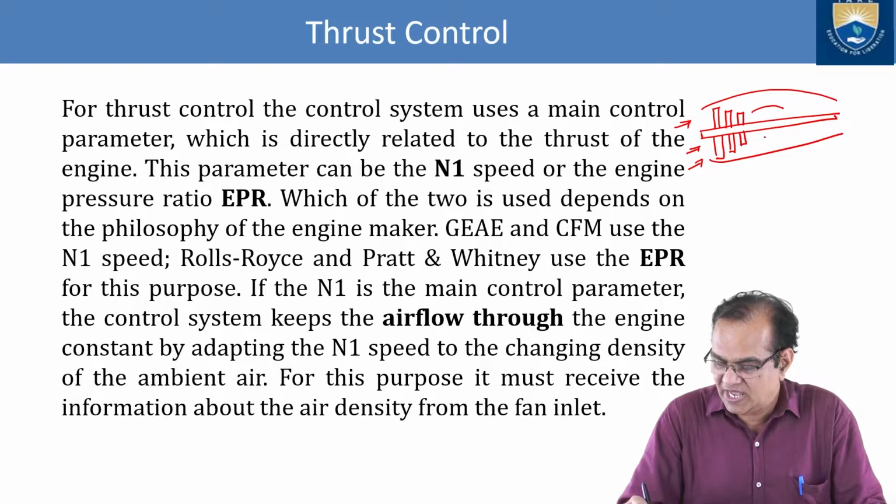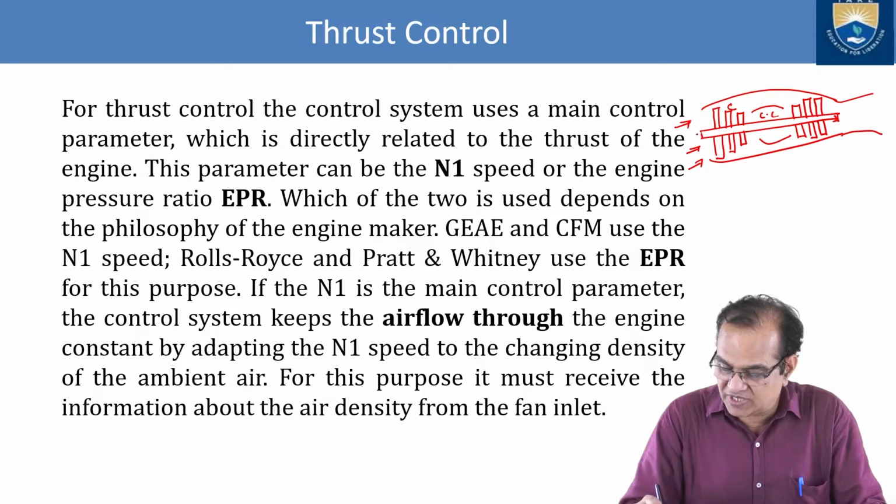Then we have the combustion chamber, I am writing CC. Then we have the turbines. The size of the turbine will be increasing. It is opposite to the compressor. And then here we have either the nozzle, or the propeller.